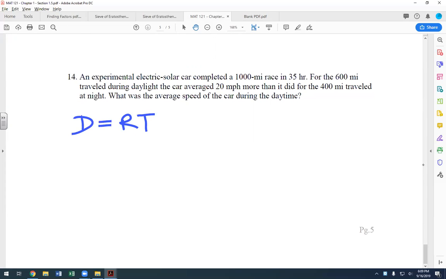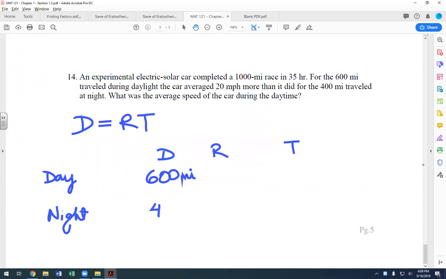Right now, we've got our distance, rate, and time. We've got daytime and nighttime, right? They're telling us we're driving 600 miles in the daytime, 400 at night. What else are they telling us?